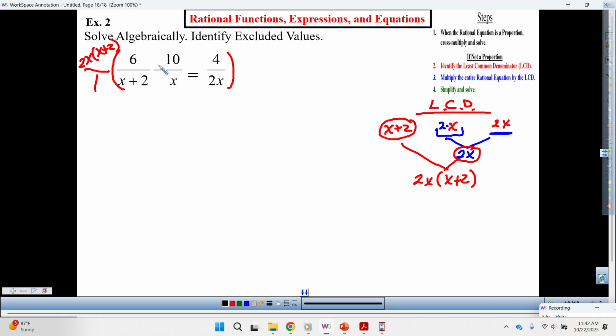So let's rewrite this first. Check this out. 6, focus, over x plus 2. I want you to extend the fraction bar. Minus 10 over x equals 4 over 2x. Extend the fraction bars like that.